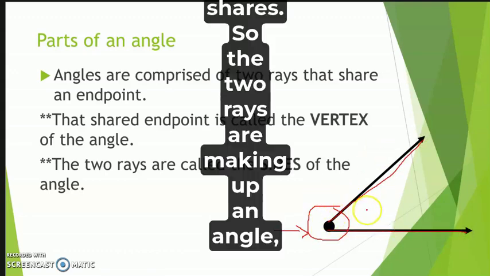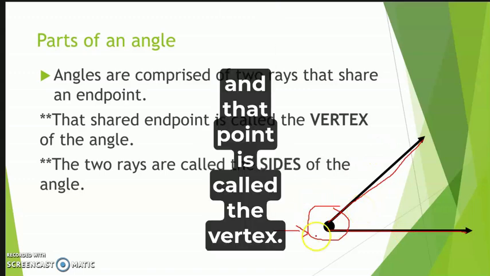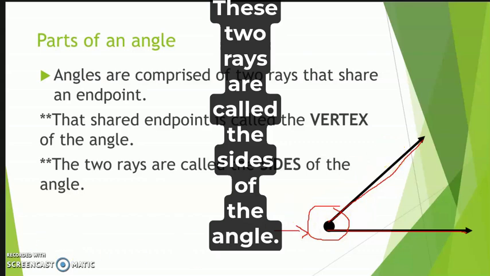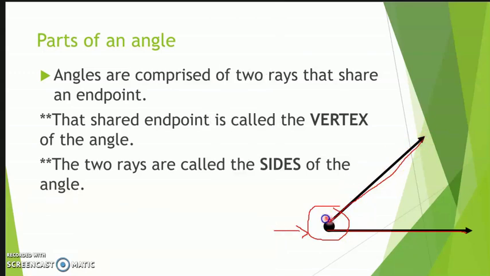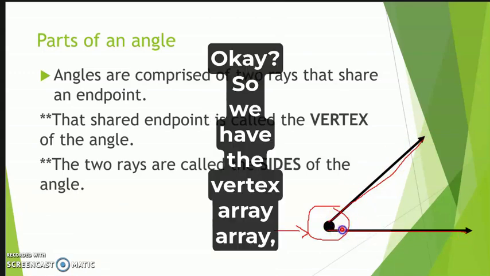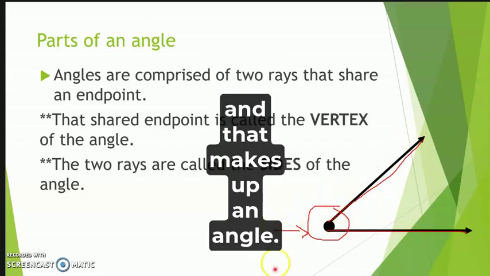So the two rays are making up an angle, and that point is called the vertex. These two rays are called the sides of the angle. Okay, so we have the vertex, a ray, and that makes up an angle.